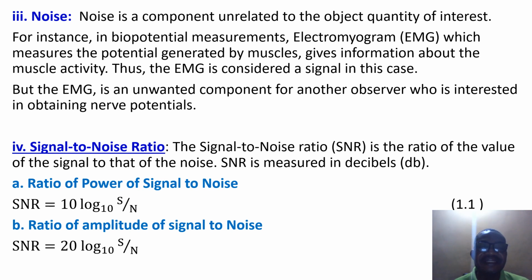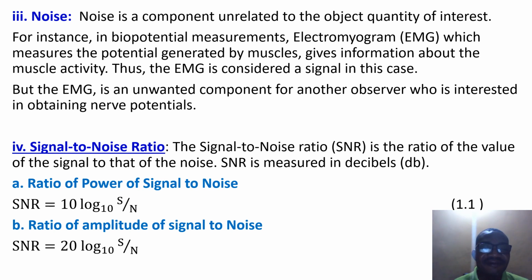For instance, in biopotential measurements, electromyogram, which measures the potential generated by muscles, gives information about the muscle activity. Thus, the electromyogram is considered a signal in this case.